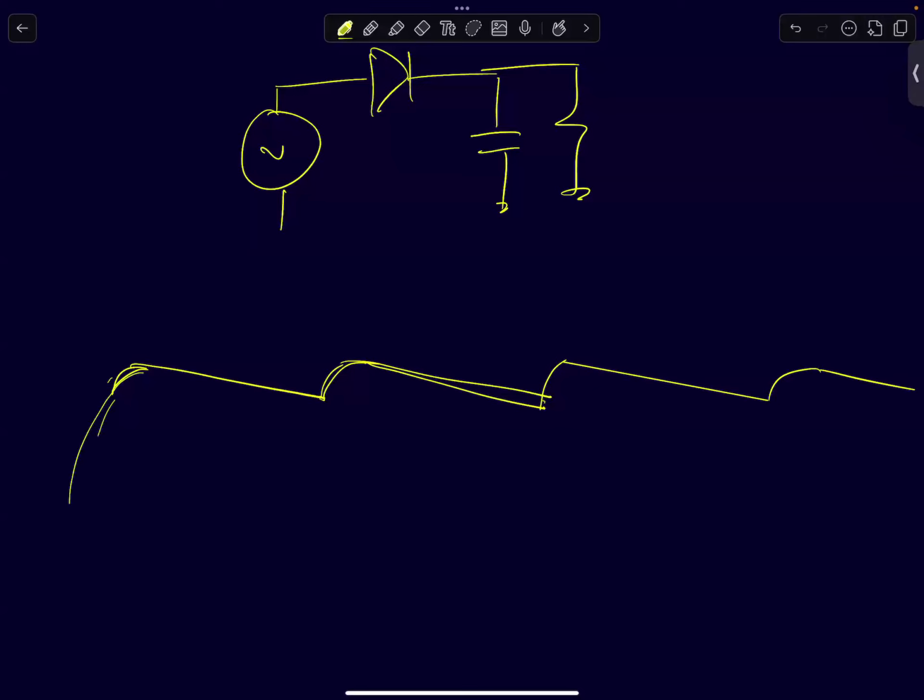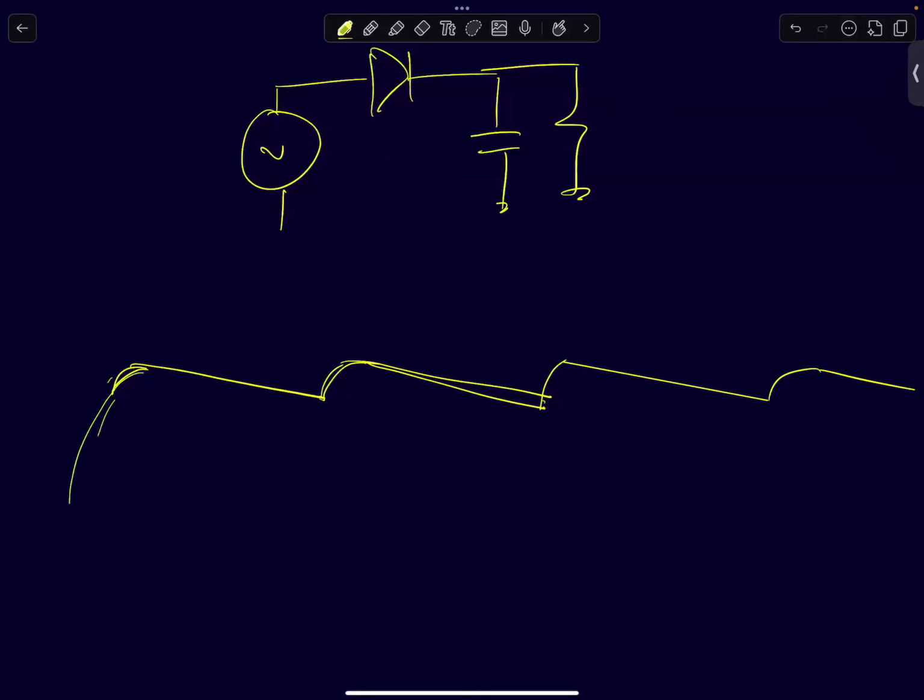Your input sinusoid goes like this, and then it returns back. Forgive my drawing there. It goes like this and so on. So what happens here is that for this small duration, something interesting is happening in the circuit, and during the remaining duration, something else is happening in the circuit.